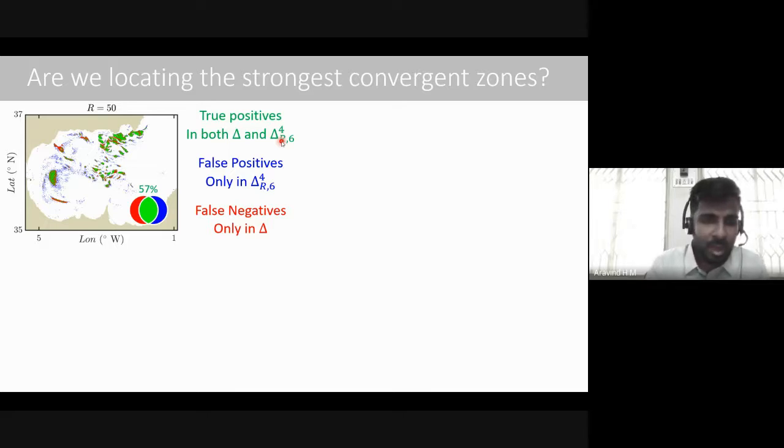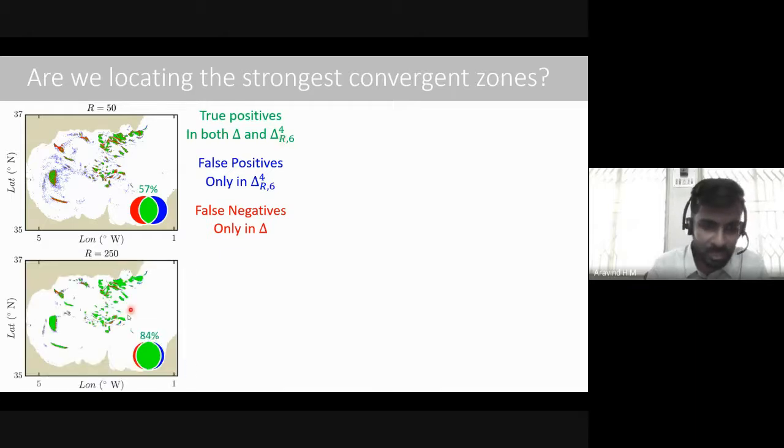And if I now look at the optimal deployment radius I had shown earlier, which is a radius of 250 meters, I see a very large value of 84%, which is really good, I think, because even though these dilation rate measures correspond to 30% error or more, they are still able to successfully identify 84% of the strongest convergence zones.